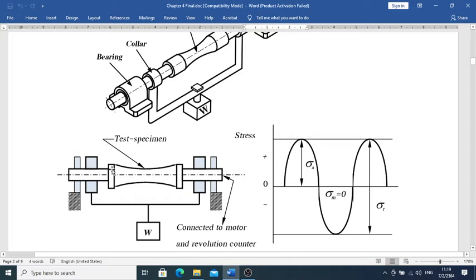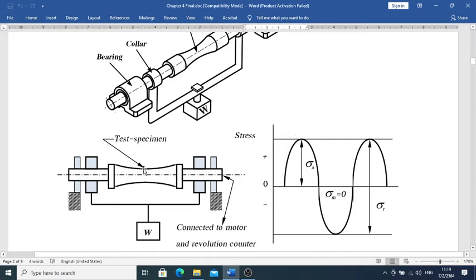At the top part the bending is compressive, and the bottom part is tensile. This causes a graph that looks like a reversed stress. If we turn from 0 degrees to 180 degrees, it turns upside down.